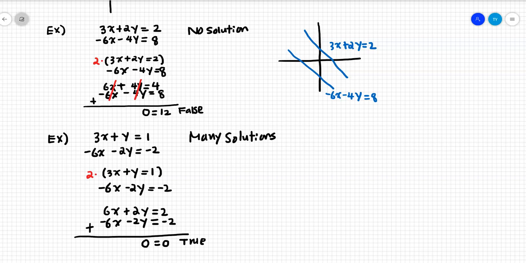But if it's 0 equals 0, or 10 equals 10, it's just saying that you have many solutions. If I draw these two lines, you will get something like this graph, but both of them are on top of one another. That would be the third case.